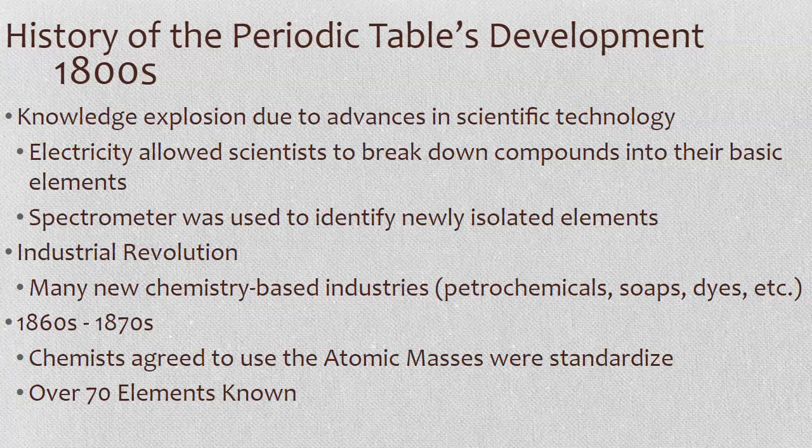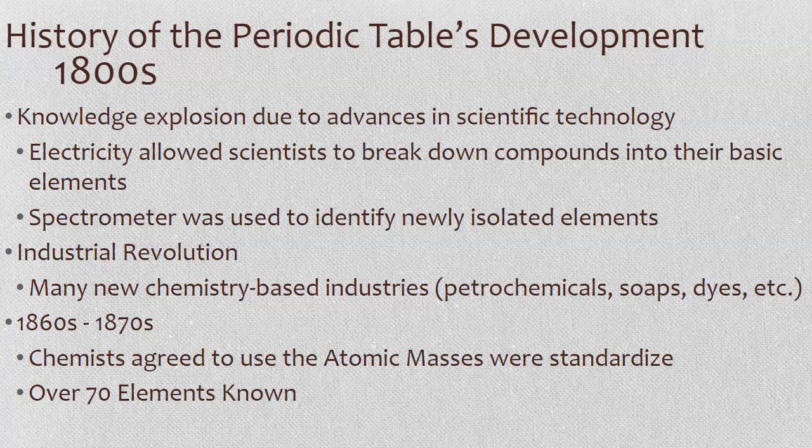It comes in compound forms because elements want to be stable. So sodium chloride, sodium fluoride, potassium iodide, water, all of these things come together. So scientists were able to start breaking things down into their original elements and use a spectrometer to identify them.